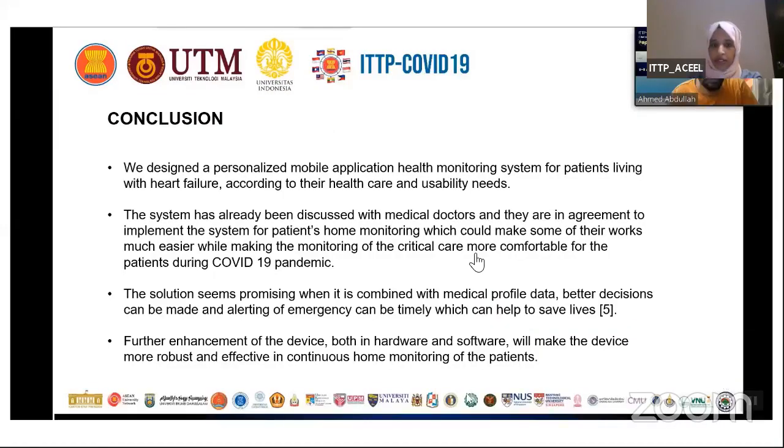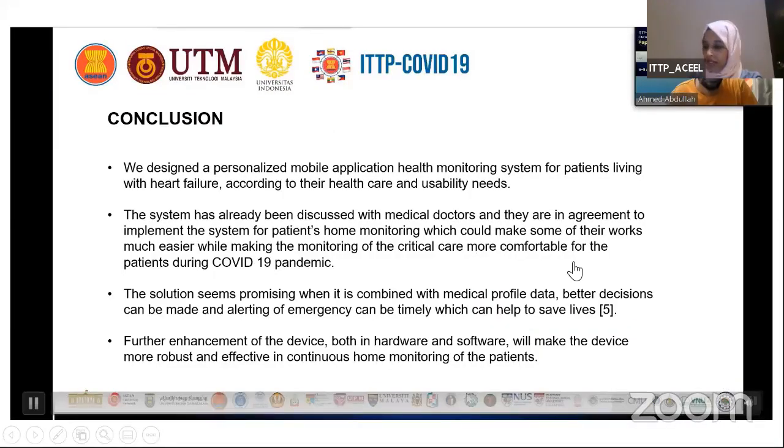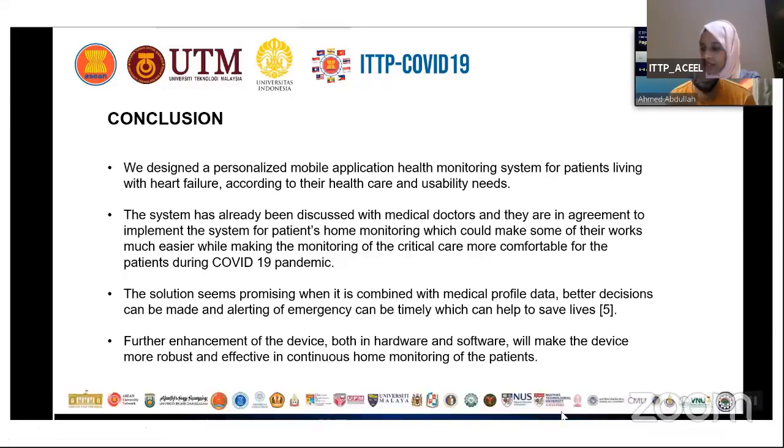Next, conclusion: we designed a personalized mobile application health monitoring system for patients living with heart failure according to their health care and usability needs.